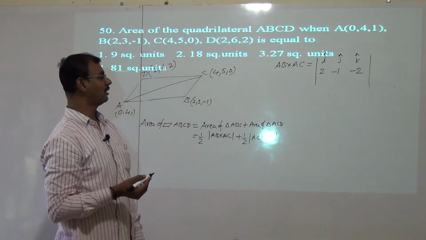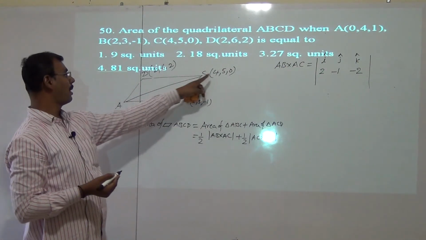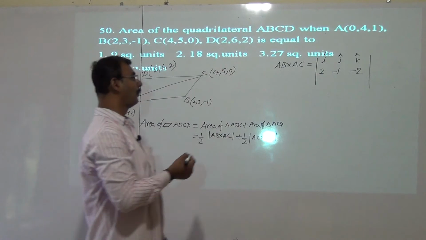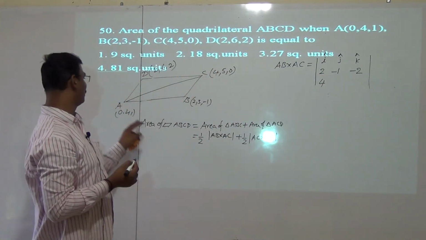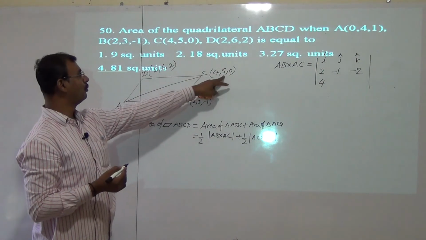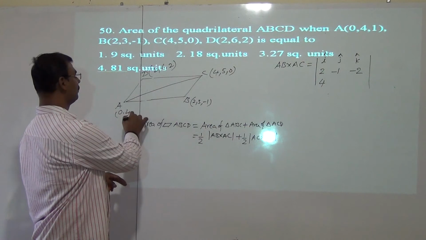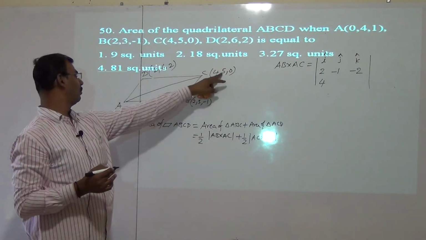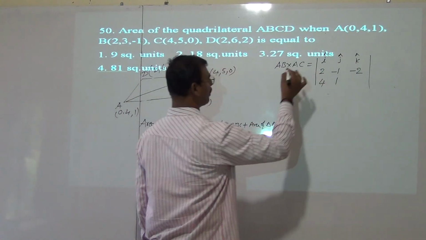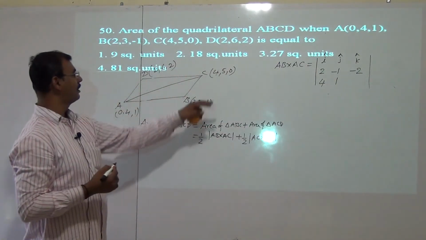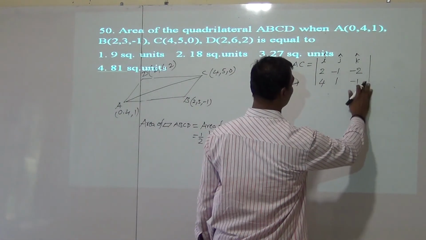AC vector: 4 minus 0 is 4; 5 minus 4 is 1; 0 minus 1 is minus 1. This is the AC vector.